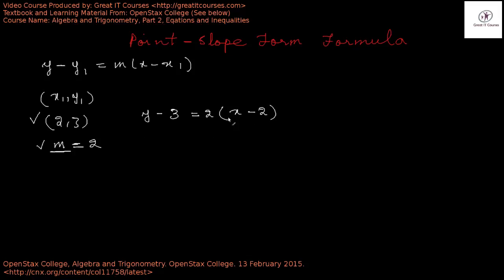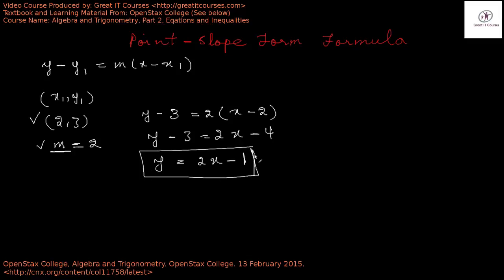And then you could simplify this. You could write this as y minus 3 is equal to 2x minus 4. And then you could write this as y is equal to 2x. This goes to the other side, becomes plus 3. So minus 4 plus 3 is equal to minus 1. And this is basically the equation of your line.